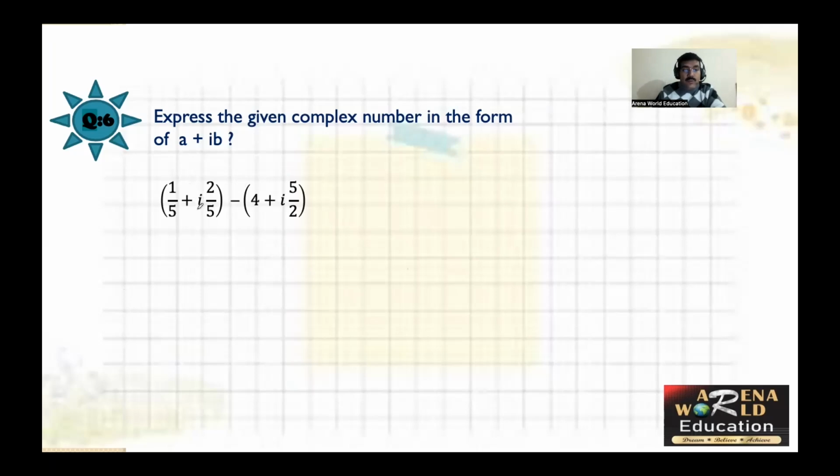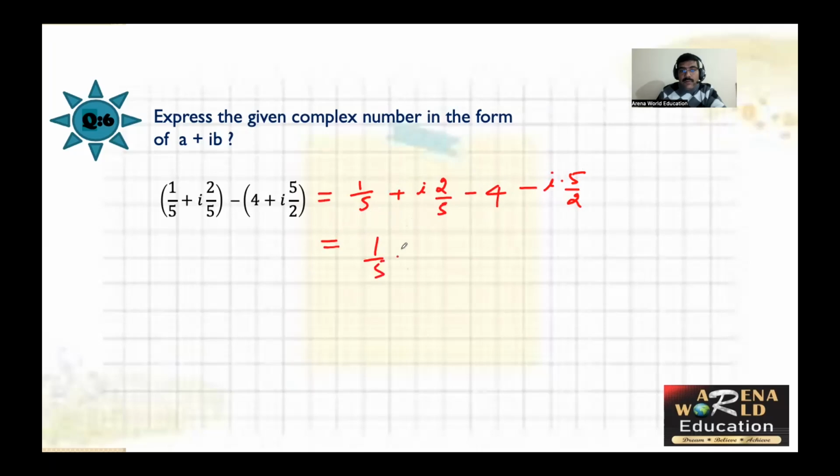So here we have to solve fractions, right? So let us open this bracket. 1 upon 5 plus iota into 2 upon 5 minus 4, and minus into plus, it will be minus, and it will be what? Iota 5 by 2, right? So now what we will do, we will write the like terms together.